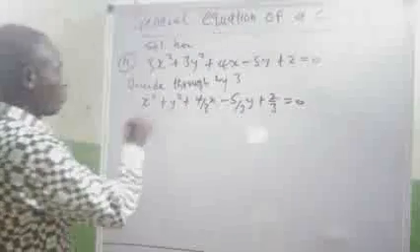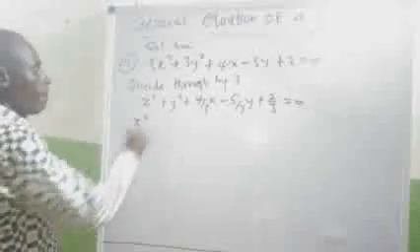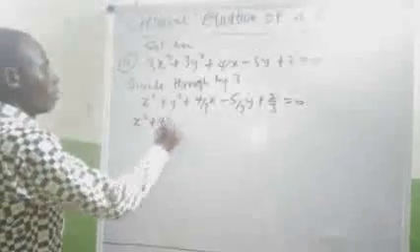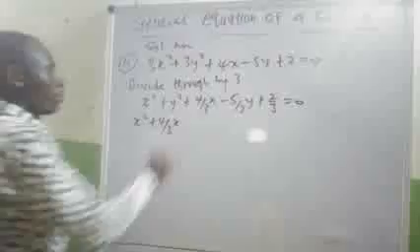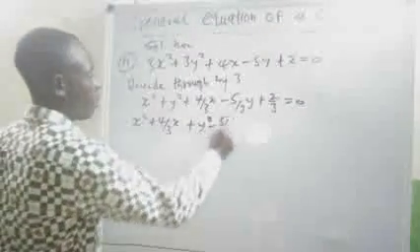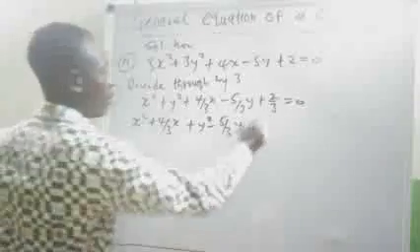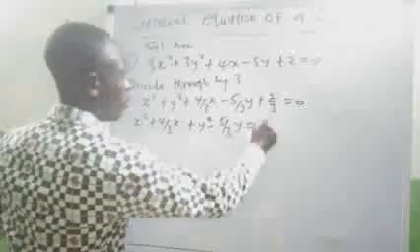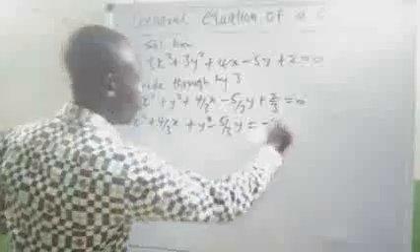So rearrange this, you have x squared plus 4 over 3x plus y squared minus 5 over 3y. That will be equals to minus 2 over 3.